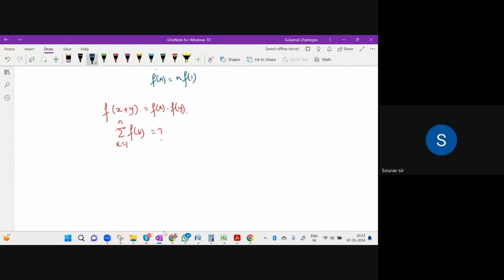So you can use the solution that f x is equal to f1 to the power x. If you have this, you can directly use this.